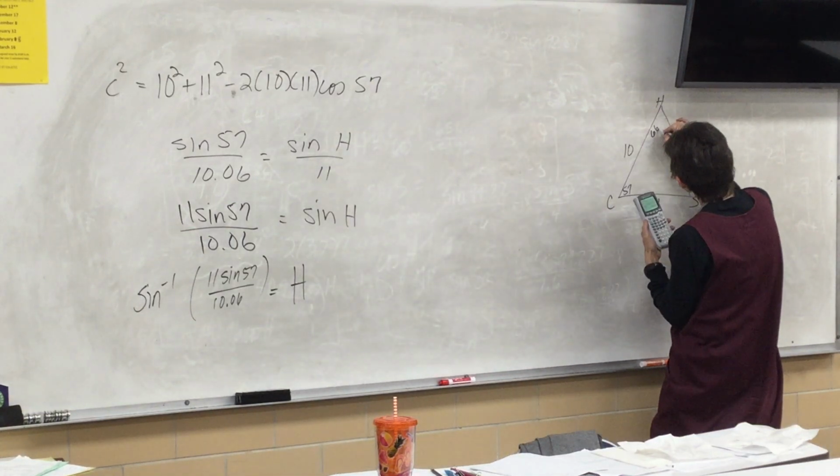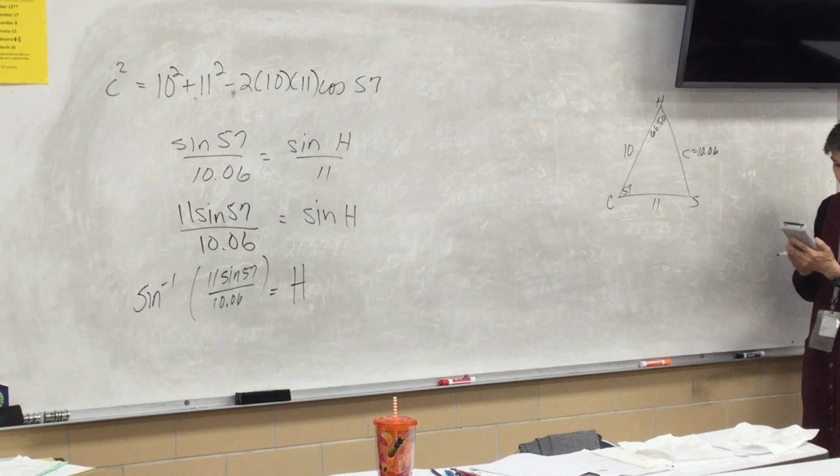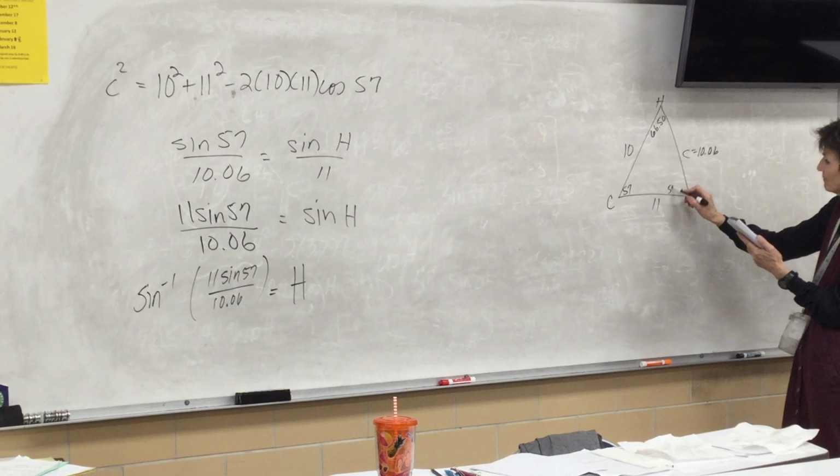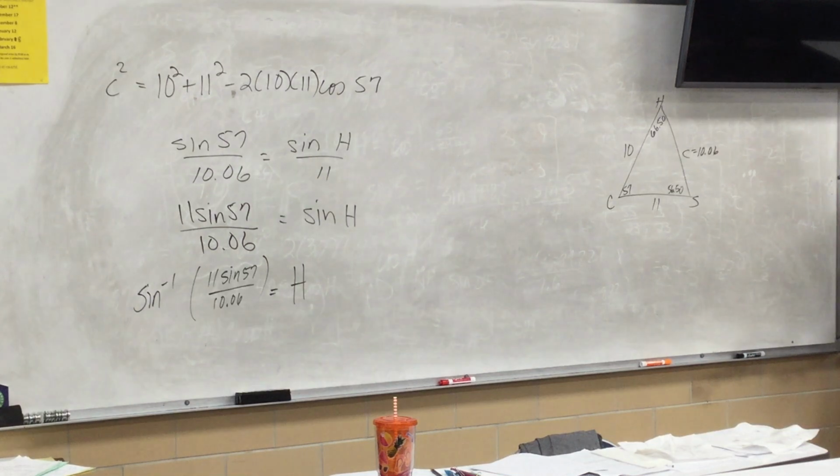So H is 66.50. Subtracting from 180, we get 56.50 as angle S.